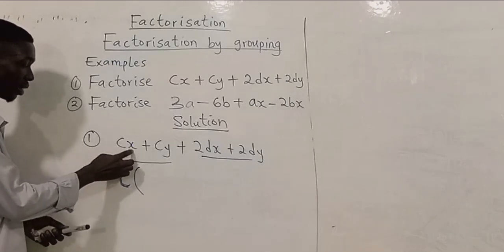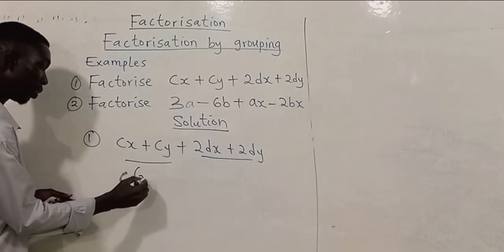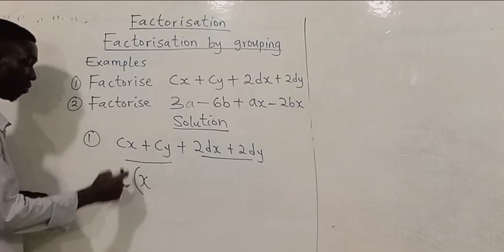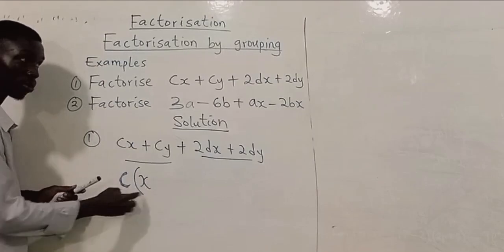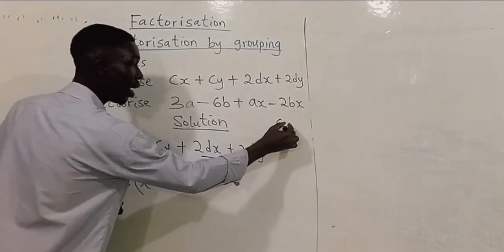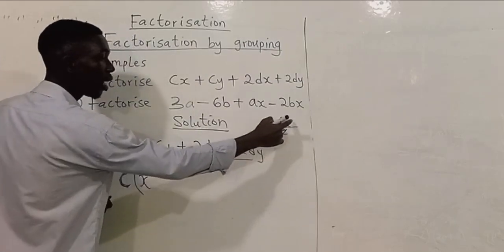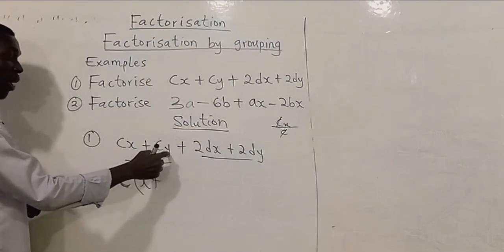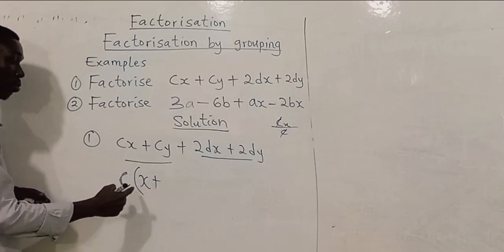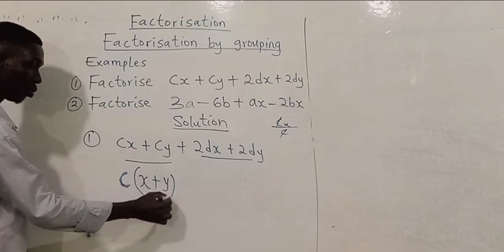When we divide cx by c, the c cancels out and we are left with x. Plus cy divided by c, we are left with y.